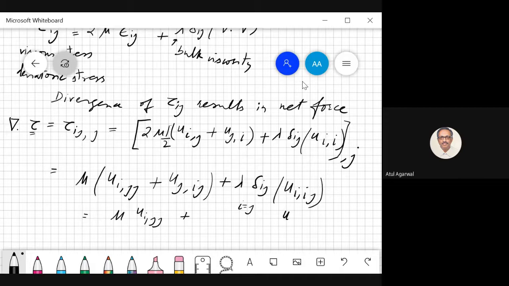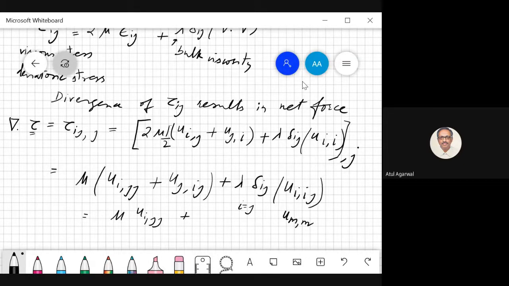We generally don't like to make all three indices the same. And since this i and i, you can replace by any other index. It's a dummy index.